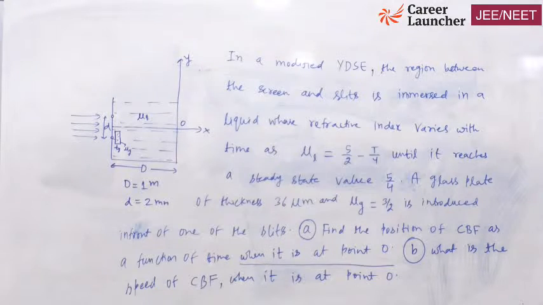Yes, you have to find the speed as a function of time. And later you can substitute the time t that you got in part A. So for part B, first find out the velocity as a function of time t, and later substitute t by the value which you got in part A. This is one of the best mixed questions where refractive index also changes, slits are there, fluid is there.